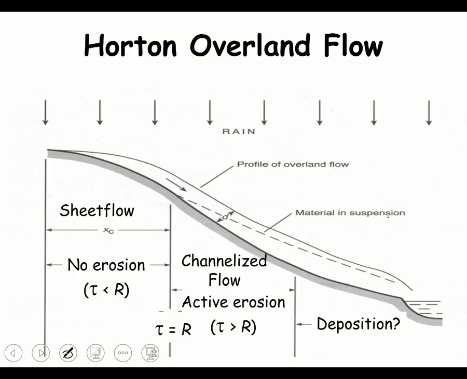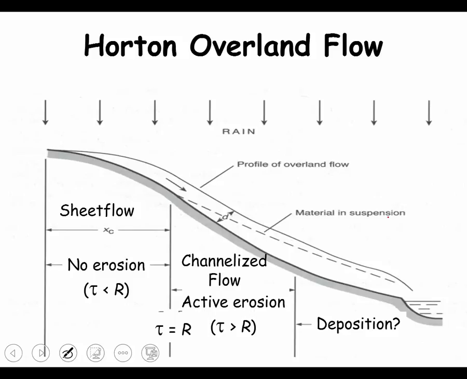Now, Horton overland flow, one of the things I like about it is it's easy to understand, it's easy to visualize. Okay? And so one of the things that happens is, let's say this right here is the drainage divide. And it may be just a shoulder of a little gully.